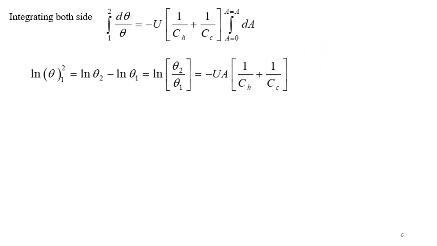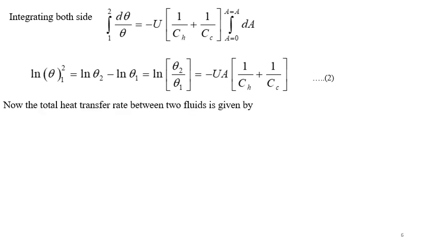Okay, so now we know that q is also equal to the total heat transfer rate between the two fluids. Whatever amount of heat is transferred from the hot fluid is equal to the heat gained by the cold fluid, isn't it?